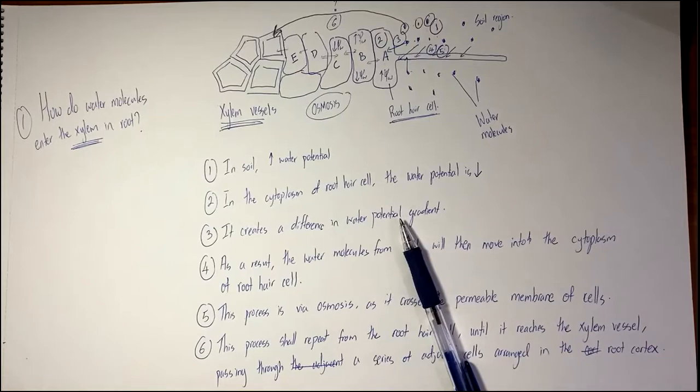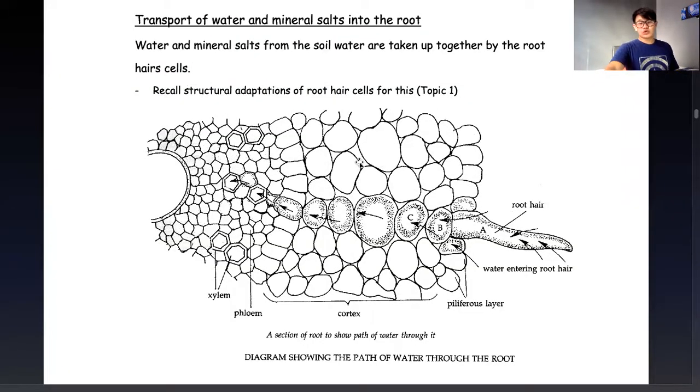Right, so if we go back to these notes here, this is what we have discussed just now. You know the water molecules, high amount of water molecules, so high water potential in the soil, low water potential in the root hair, which is the cell A, then it will cause a difference in water potential gradient.